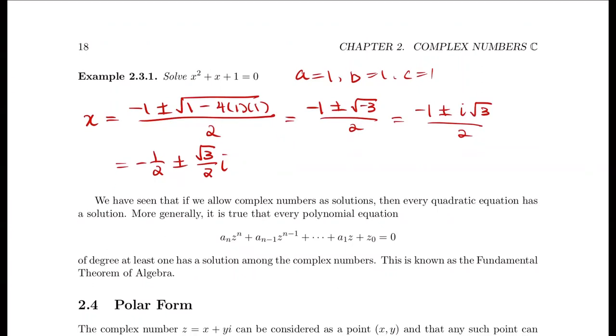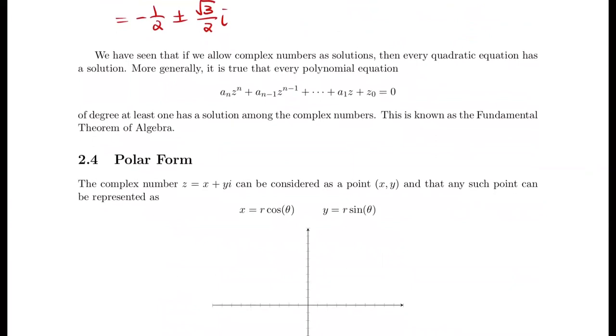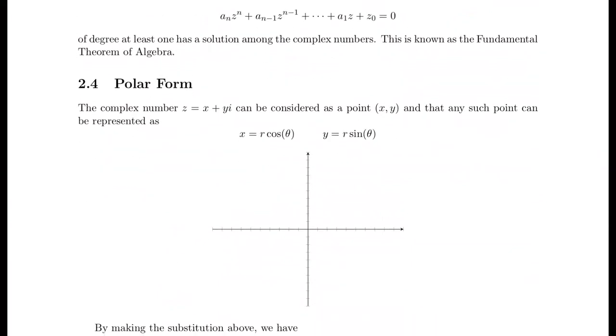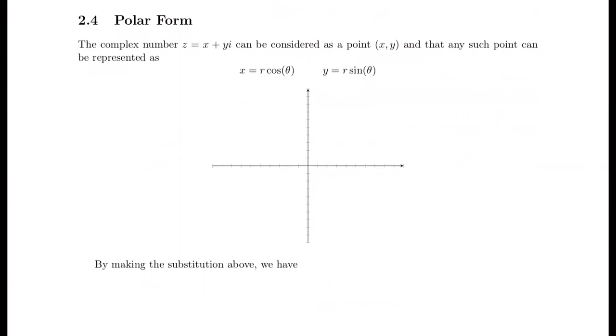So next section, we'll be having a look at the polar form of complex numbers. Remember that cosine and sine are represented by a unit circle. So remember that cos theta is given by x over r, and sine theta is equal to y over r.